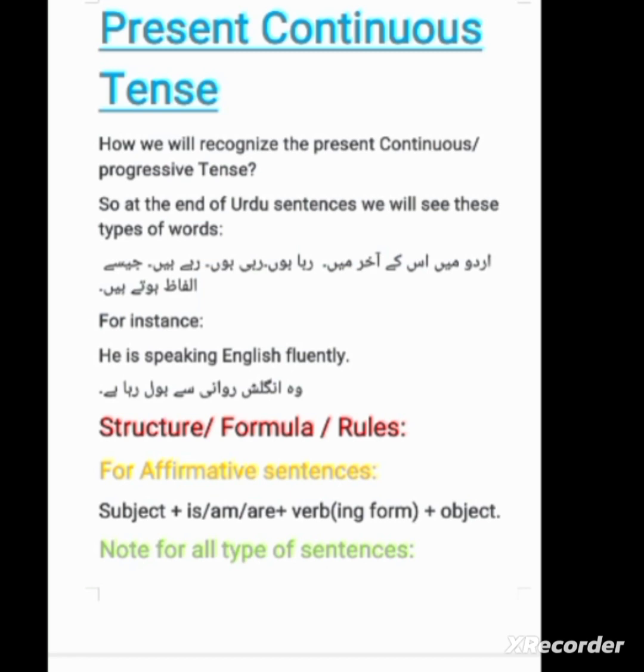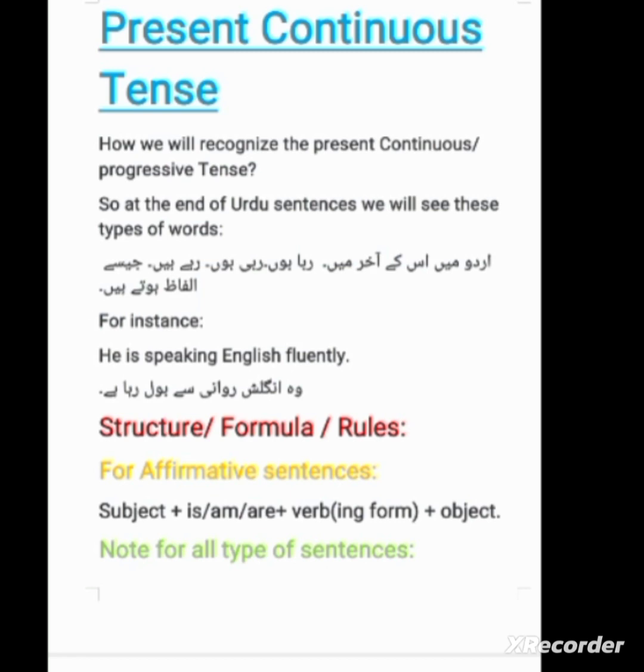So raha hu, rahi hu, rahe hain, you can recognize that this is present continuous tense. For instance, wo English ravani se bol raha hai, so he is speaking English fluently.